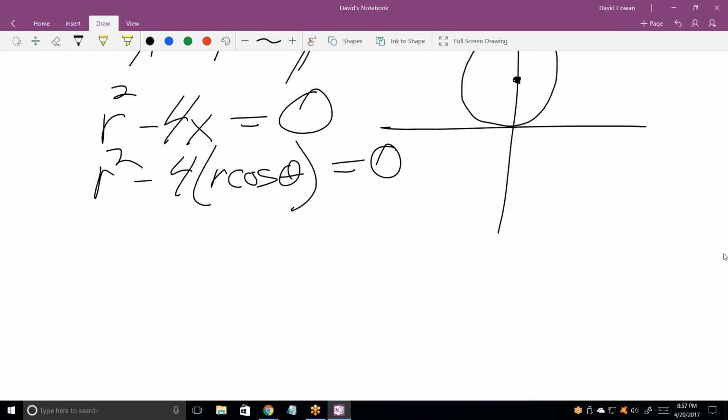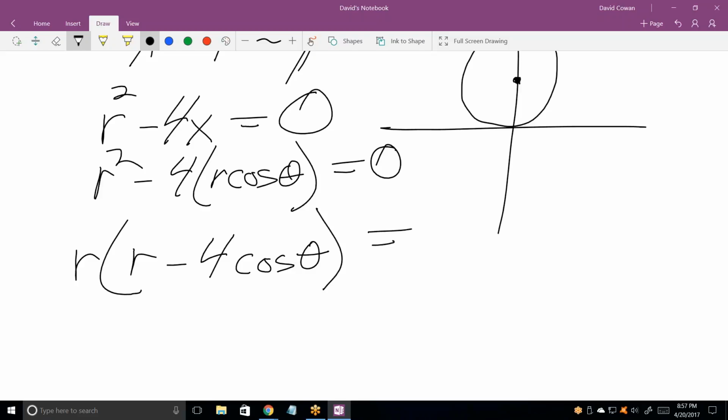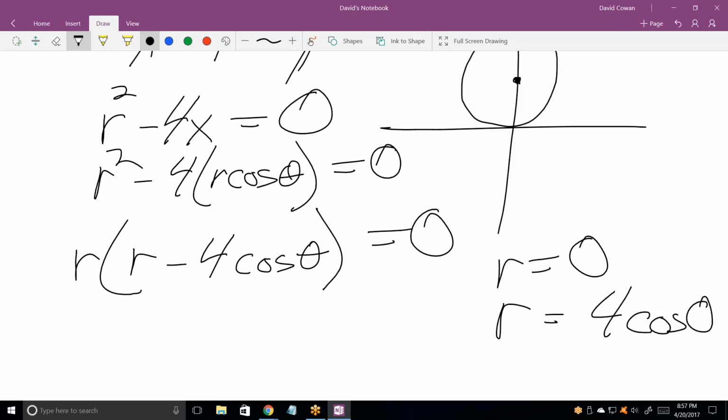Well, I can factor, can't I? Yeah, factoring out an r would be the best way to go. What was I thinking? This is just like an algebra problem. I'm going to factor out an r. I get r times (r minus 4 cosine of theta) equals 0. So either r equals 0 or r equals 4 cosine of theta.